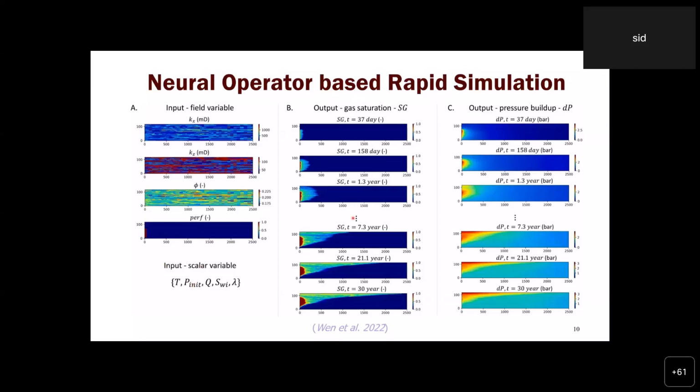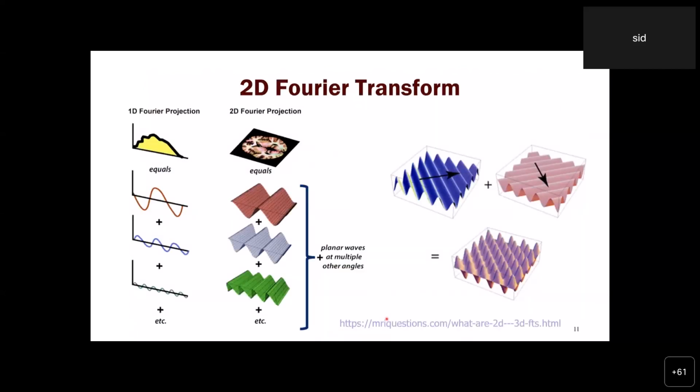What we can predict is how the fluid evolves as a function of time, and how the pressure builds up as a function of time. This figure is from Wen et al. 2022, where they show the use of Fourier neural operators for a very specific task. We have done something similar in our demonstration.